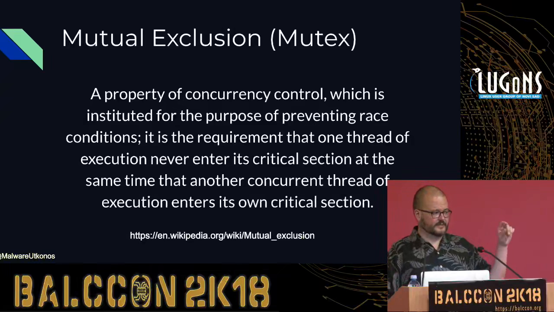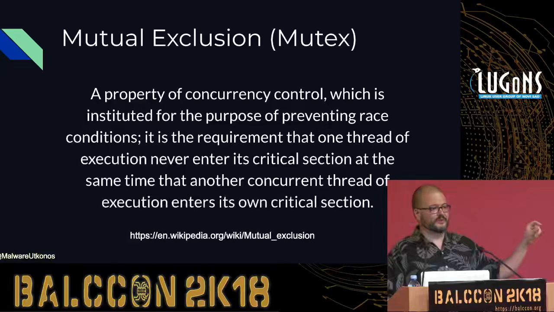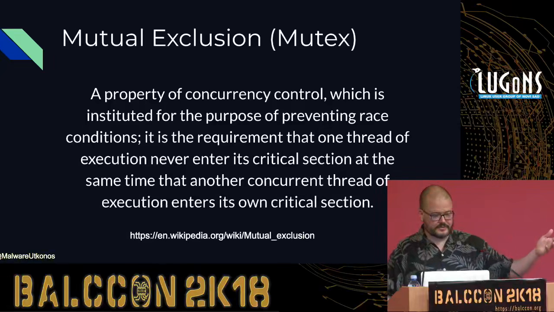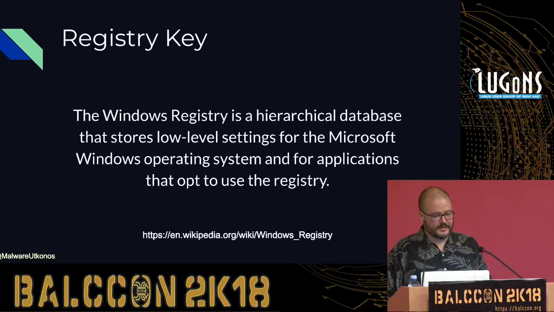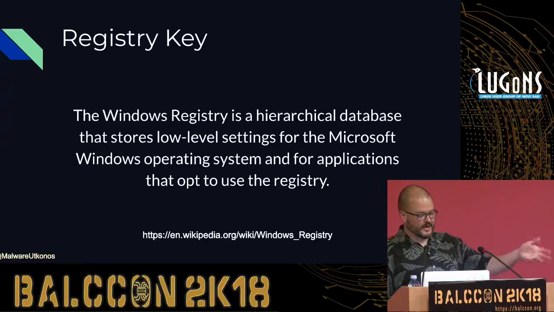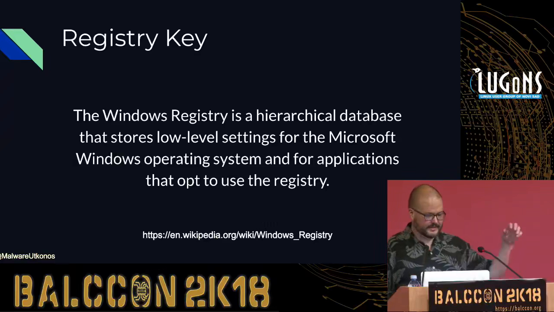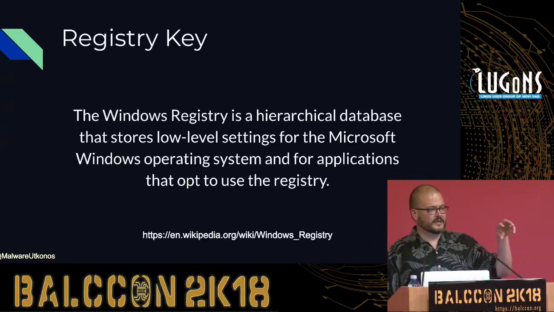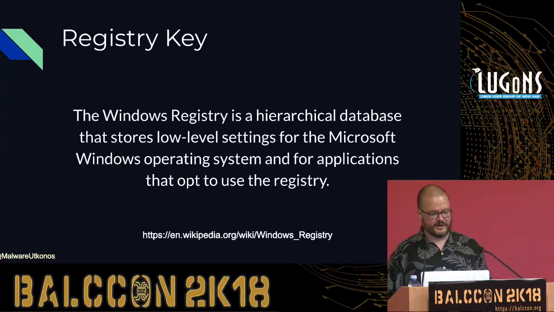Sometimes that mutex they use is unique to that particular malware family, and that is a way of finding other related samples. Of course, what registry keys it touches, whether it writes them, reads them, modifies them, etc. That set of registry keys can be unique to a particular malware family.